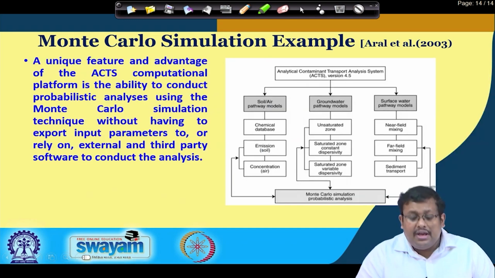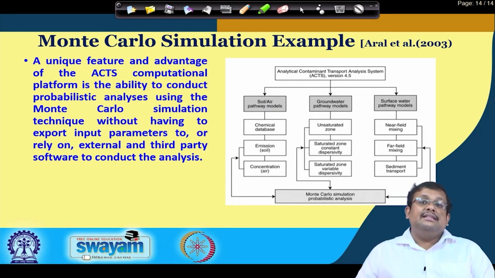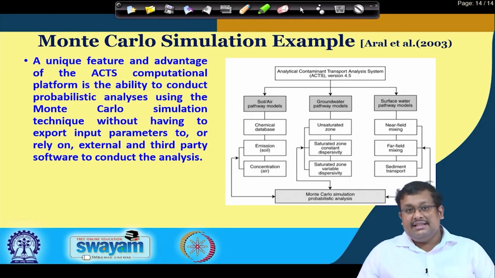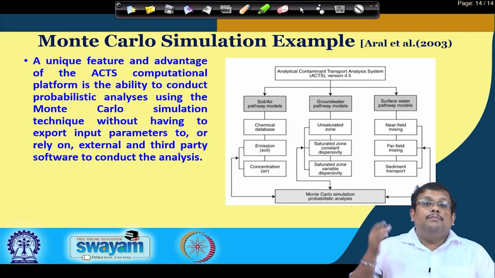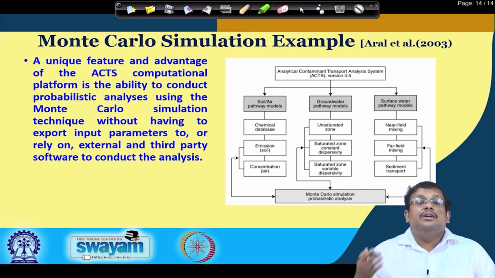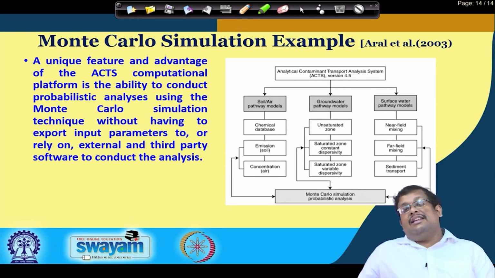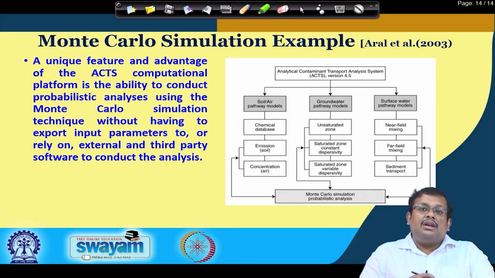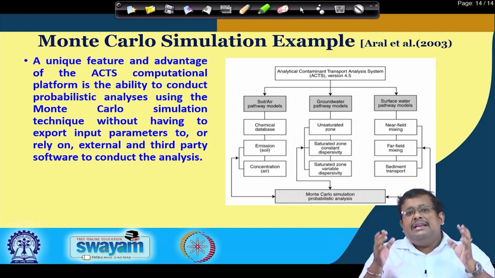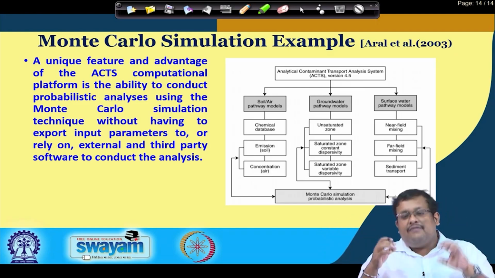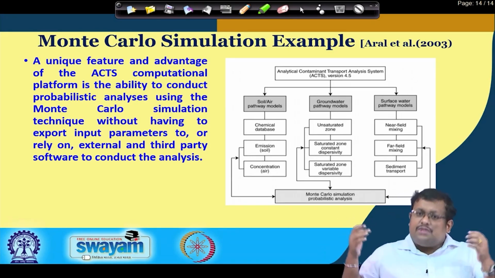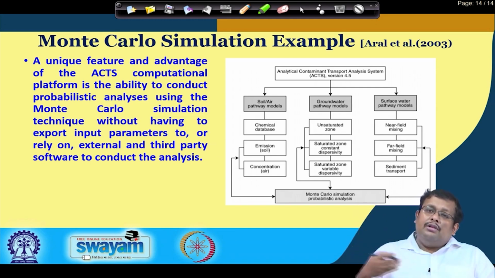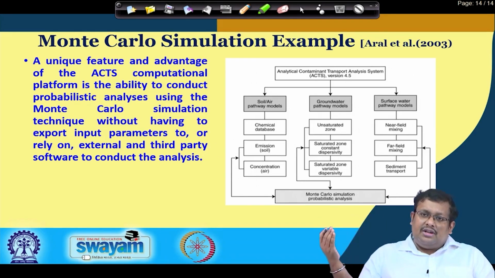Now, a unique feature and advantage of this ACTS computational platform is the ability to conduct the probabilistic analysis using the Monte Carlo simulation technique without having to port input parameters to or rely on external third party software to conduct the analysis. Generally, when we input different parameters into any type of simulation model, those parameters are also predicted or generated by third party models.